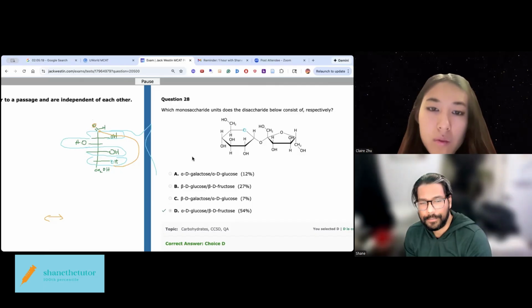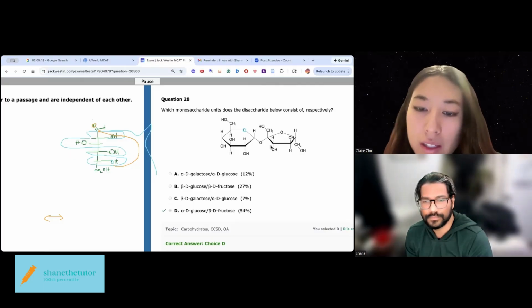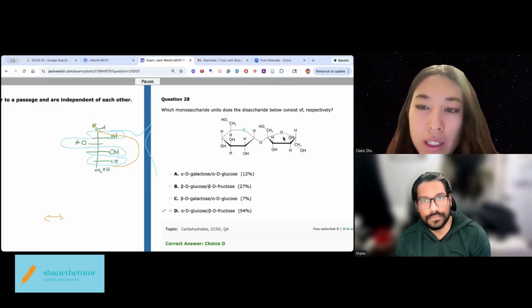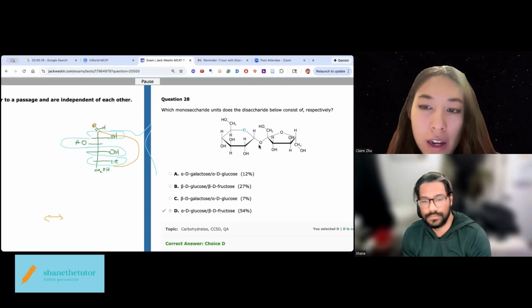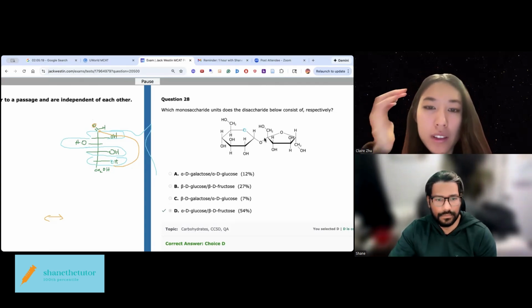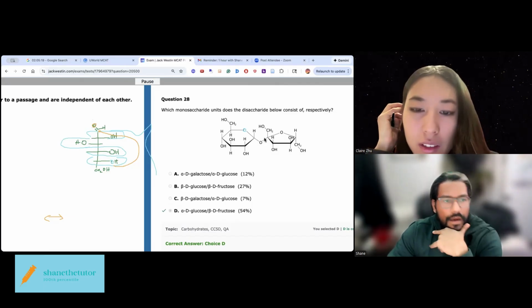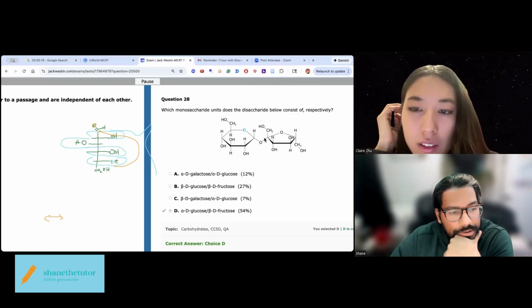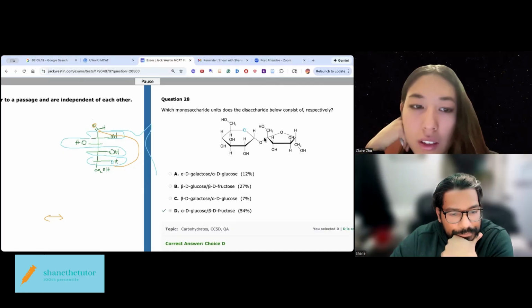And yep. What were we asking? I was wondering why this fructose is considered beta, because I thought that if this O is kind of pointing down, then it should be alpha. Okay, let's see.